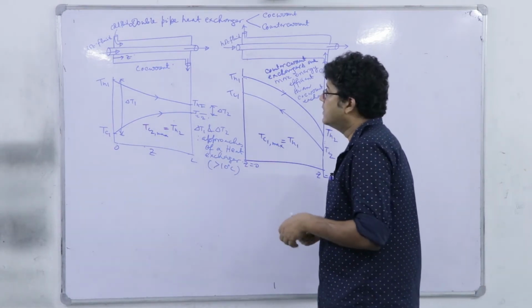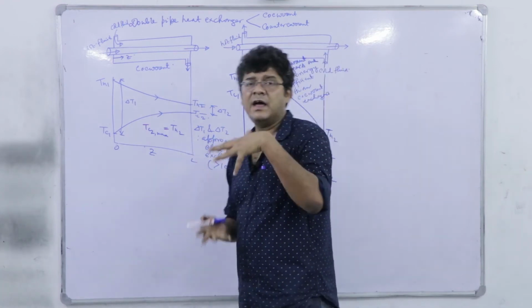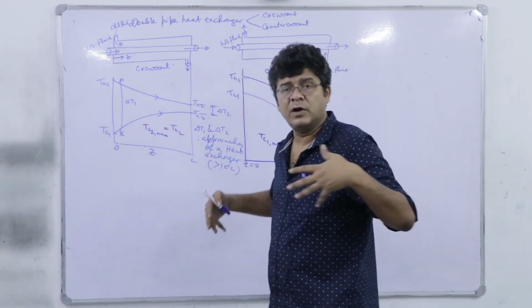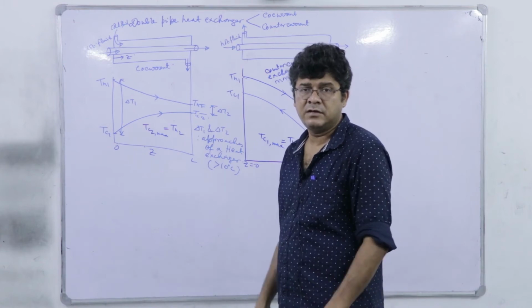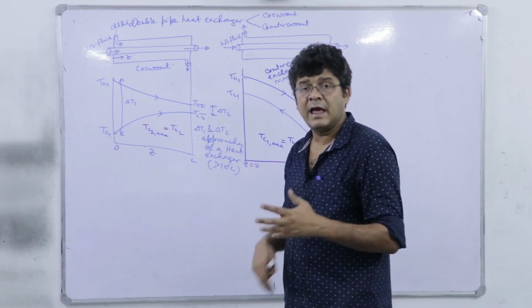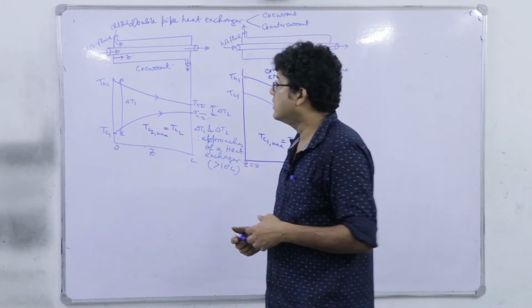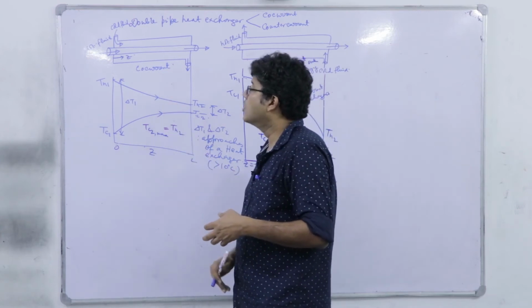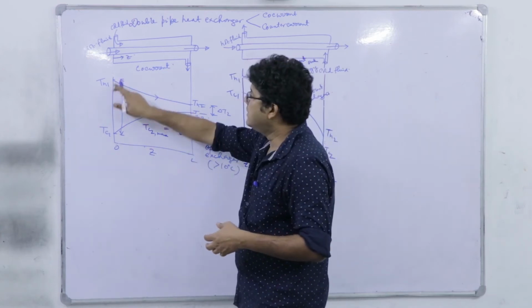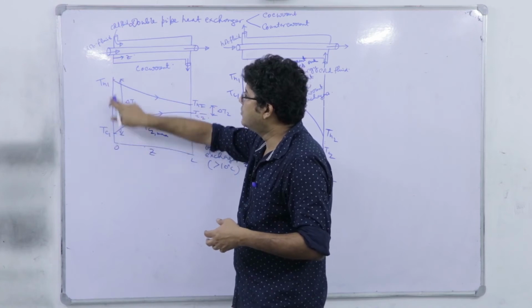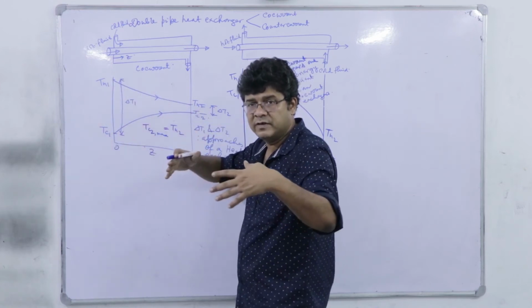What is the need? The need is if I have a heat sensitive material and I want to rapidly quench it, right? Or I need rapid heating of some cold stream, then we have to go for co-current. Why? Because initially see it has got a huge temperature difference. The driving force is maximum.